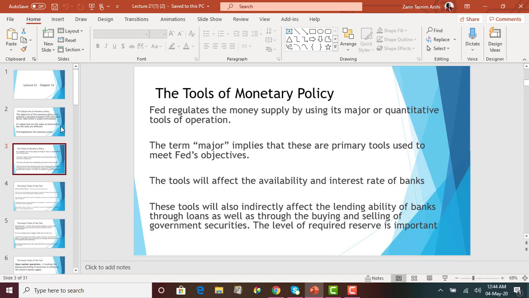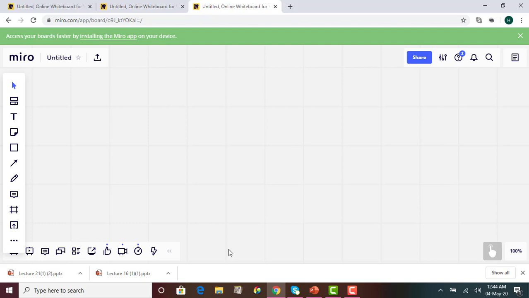So what are the tools of monetary policy? Basically, what mechanisms does monetary policy use to control the money supply? Broadly, there are two types of tools, and these tools are very important. You have to know these for your multiple choice questions as well as problem sections.